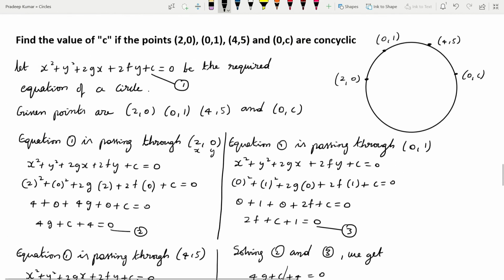The 0 comma c which they have shown is the same point 0 comma 1. So we will not take this separately as 0 comma 1, because the point 0 comma 1 is nothing but 0 comma c, where the c value we got is 1. So this is the same point which they asked us to find out. So this is all about this question.